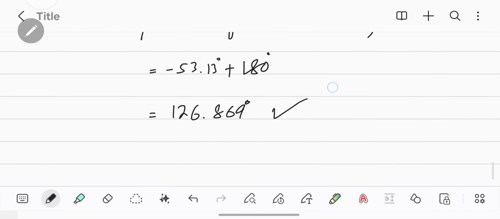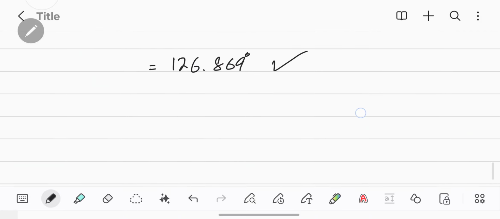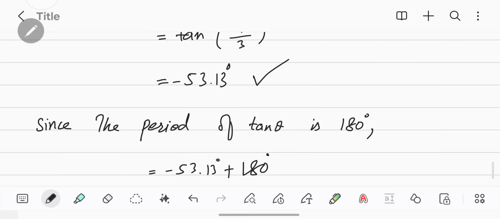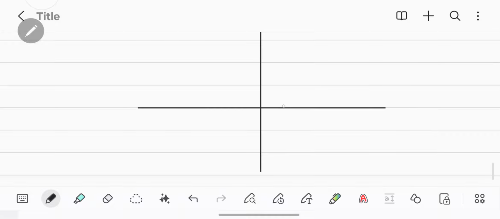So which one is the correct answer, this one or this one? We will check. If I make the diagram for this complex number, I have to draw this angle, negative 53, from here.